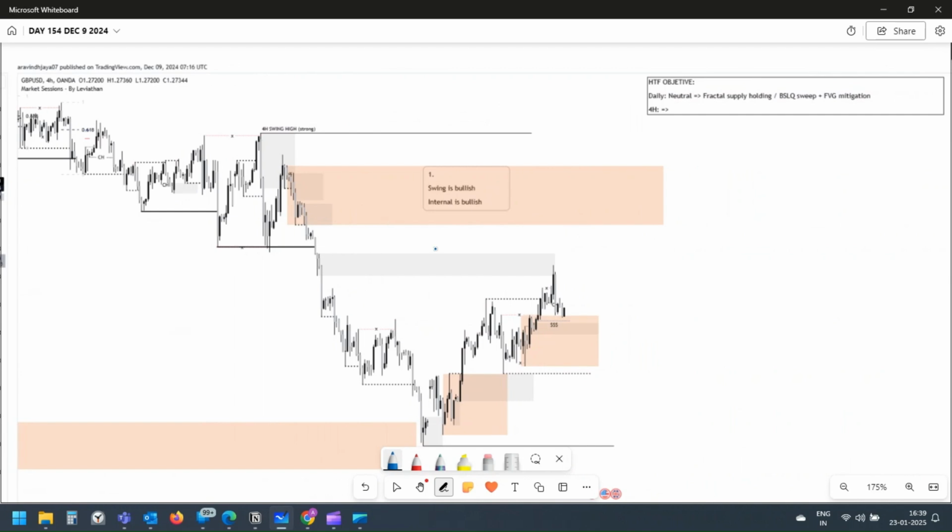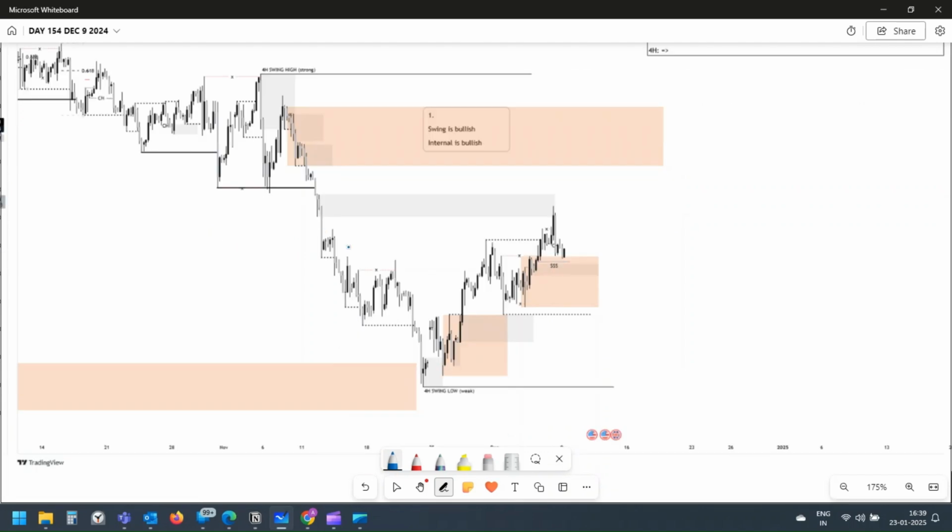In other words, I can expect some internal resistance liquidity to be taken out. This is actually the 4-hour chart. The swing structure is bearish and internal is bullish. So I can expect the price to push down to make an internal pullback, or to get the internal resistance liquidity, if I see from the daily perspective.